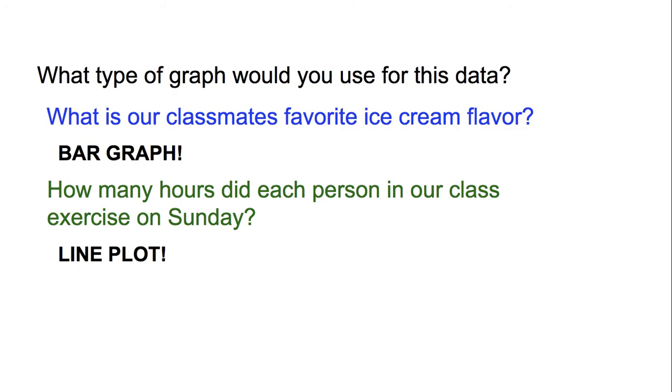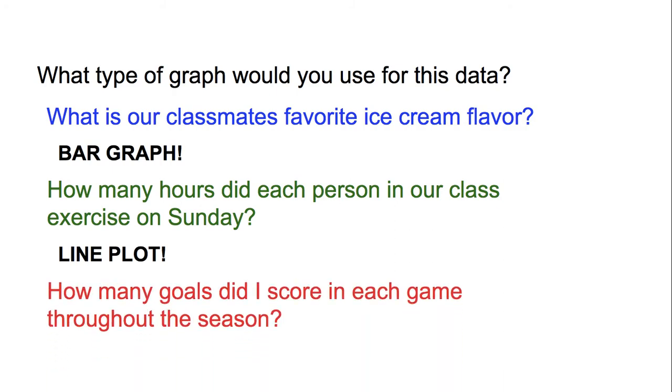And last but not least, how many goals did I score in each game throughout the season? Now I'm only asking one person, myself, how many goals I scored, which would be numeric data because I'm going to answer that question in numbers. And I'm going to look at the difference between the number of goals I scored in each game throughout the season.